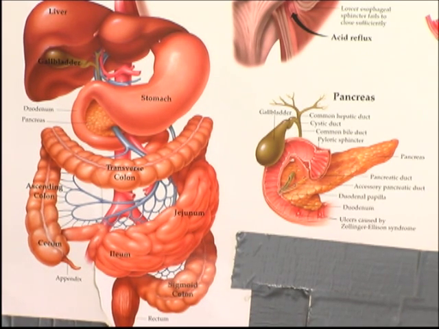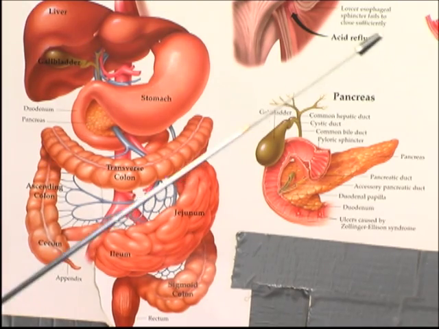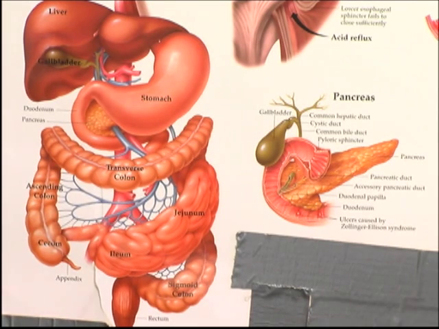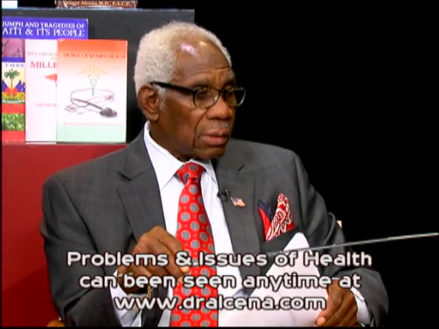The endocrine function deals with the production of three separate hormones. Let me name these hormones for you. One, of course, is insulin, which is produced by the beta cells in the part of the pancreas called the islets of Langerhans.